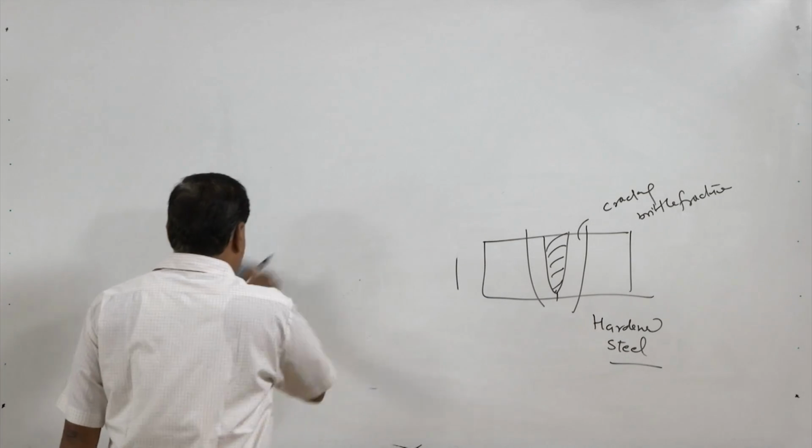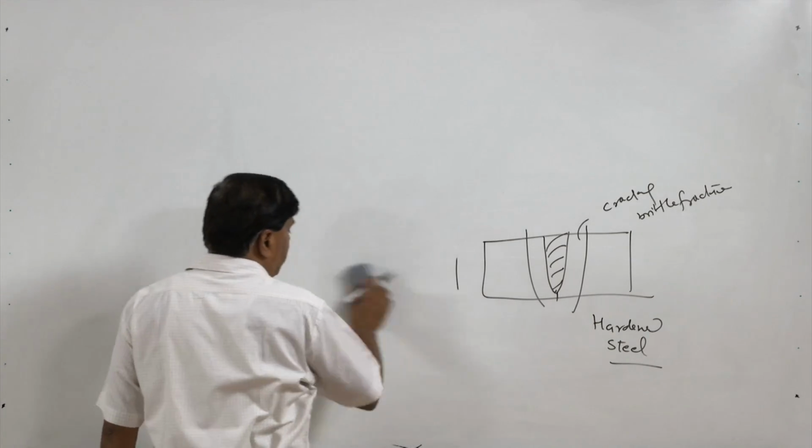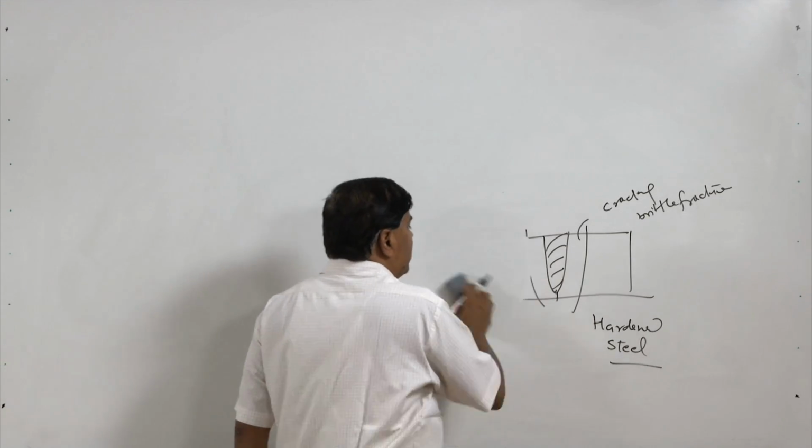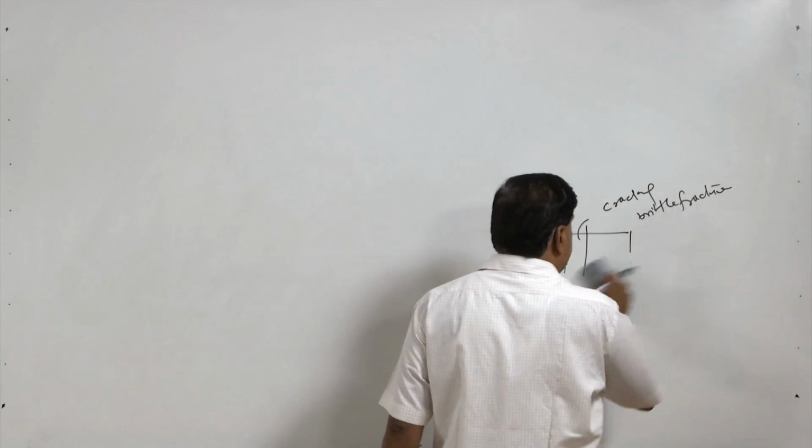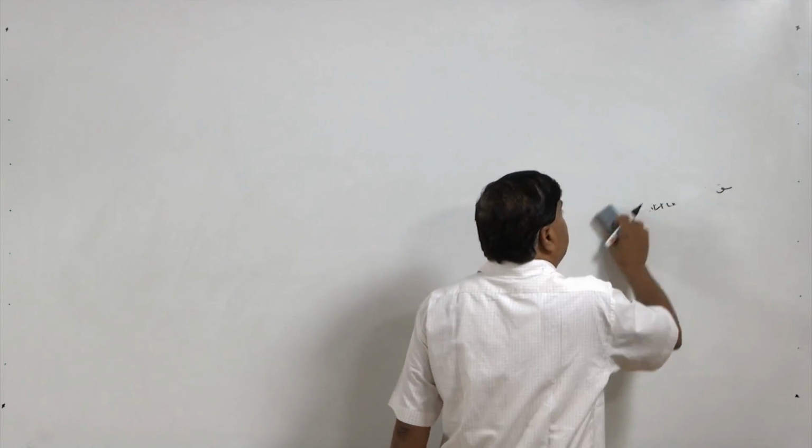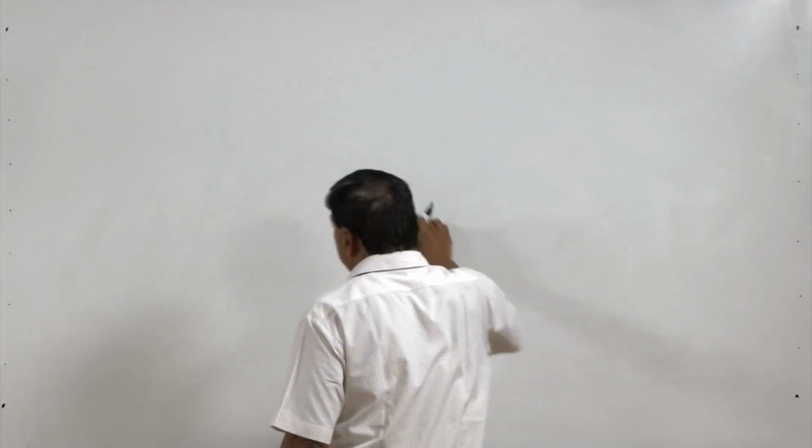Those processes where the amount of heat required for fusion is more, the size of the heat affected zone is also found to be more. This is what we have seen in case of the heat sources for welding.